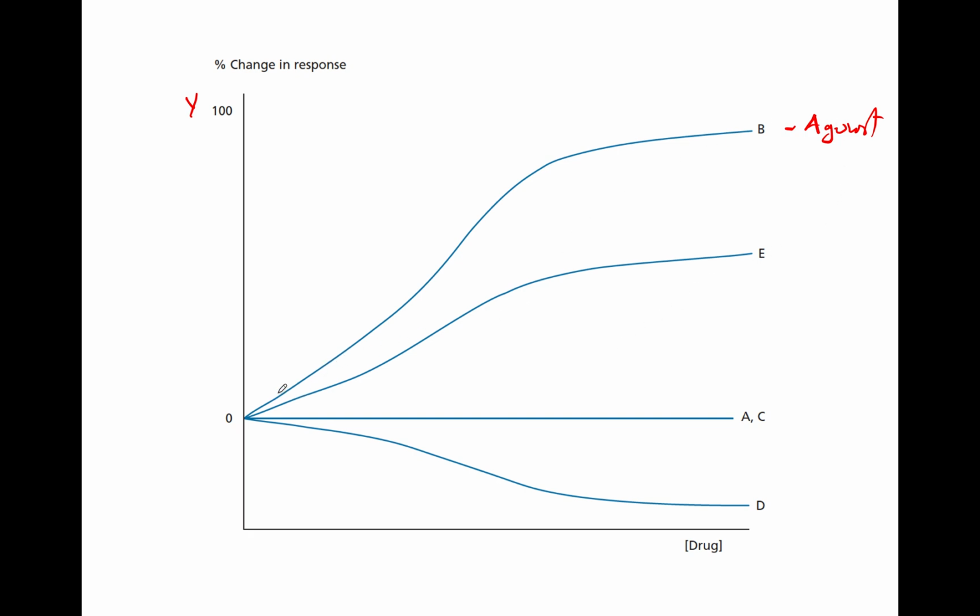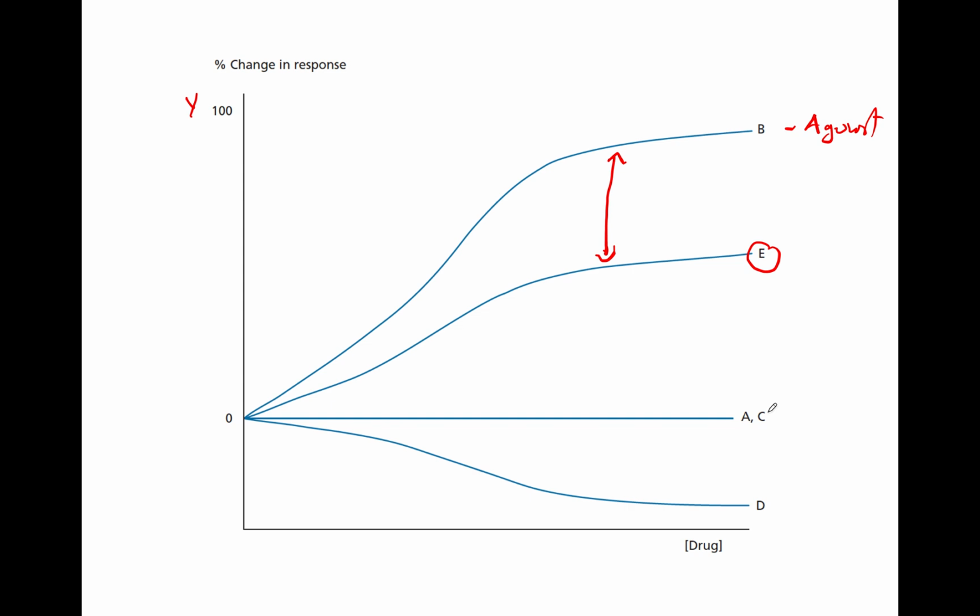An agonist will give you these types of response. A partial agonist will give you a response that is not as strong as a full agonist, but will give you some response here. Then this will be an antagonist.